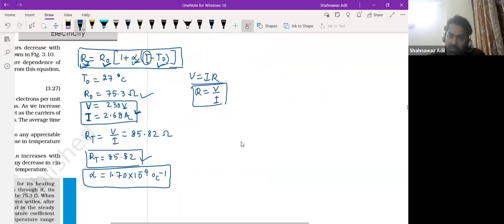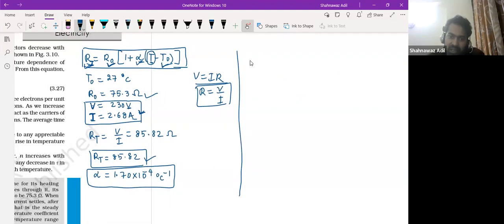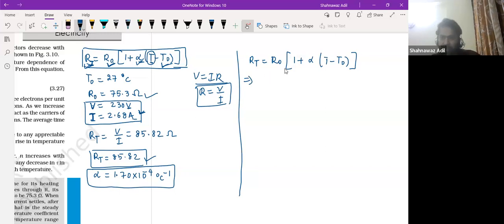So this RT is R naught (1 plus alpha (T minus T naught)), right? So RT by R naught would be 1 plus alpha (T minus T naught). So RT by R naught is how much?